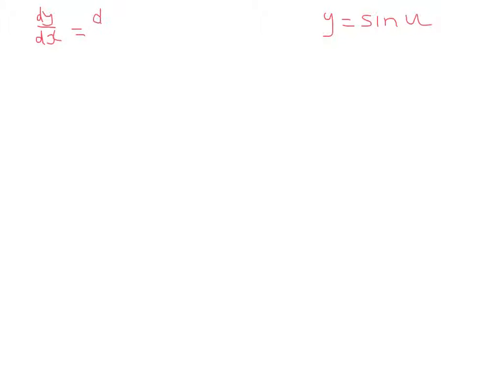And what we do is, it's like a fraction. We can cancel common factors top and bottom. We've got dy du times du dx. Now if you cancel out that du with that du, we've got dy over dx, which is what we want. And we can find dy du and we can find du dx.